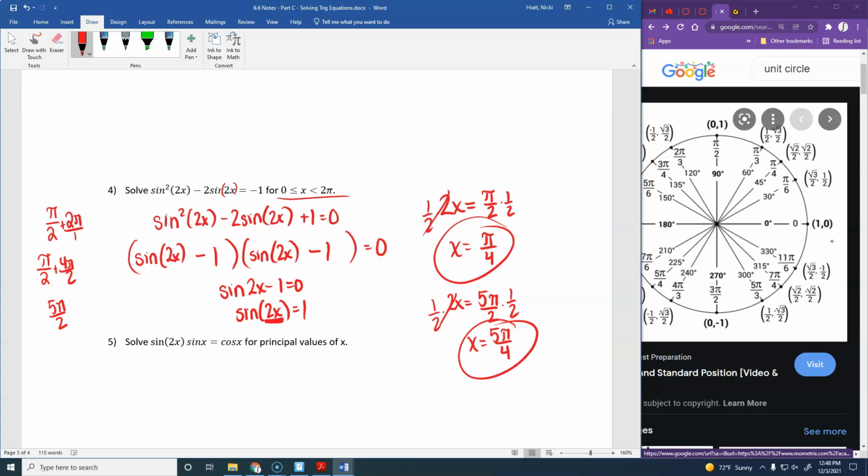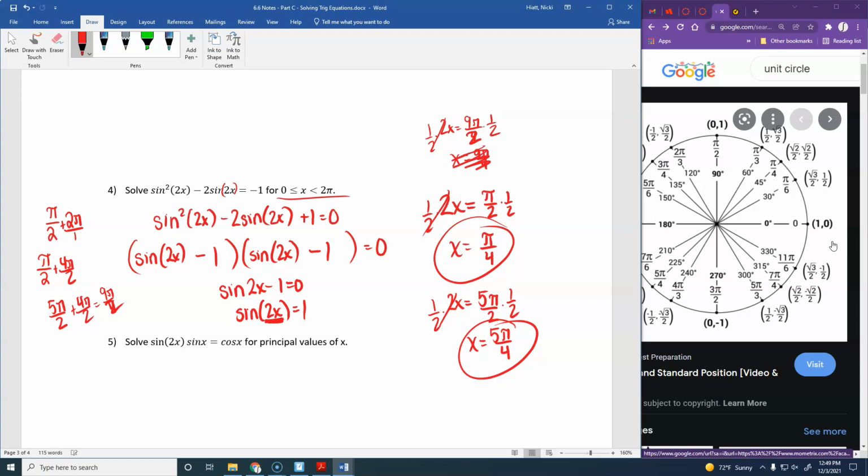I could add 2 pi again, just to check to see if something else works. I'd get 9 pi over 2. So if I did 2x equals 9 pi over 2, and I multiply by 1/2 on both sides, x would equal 9 pi over 4. Is 9 pi over 4 on the unit circle? No, so that was too big.